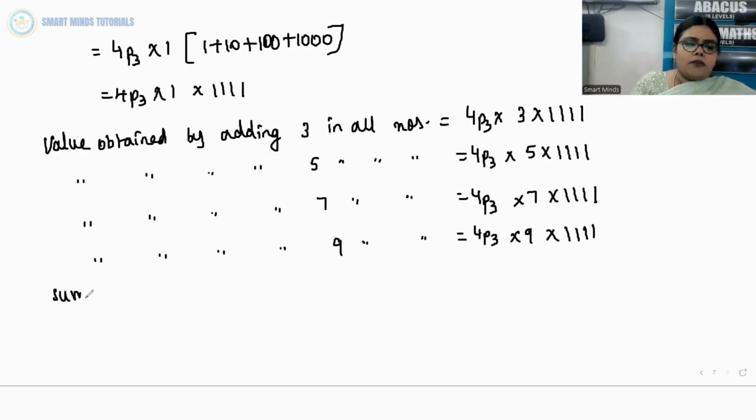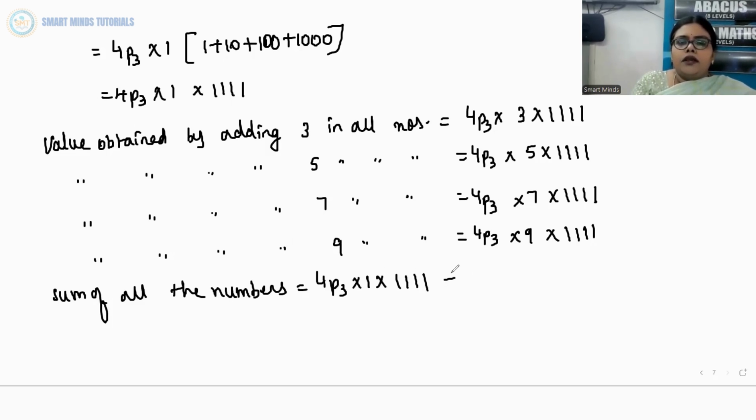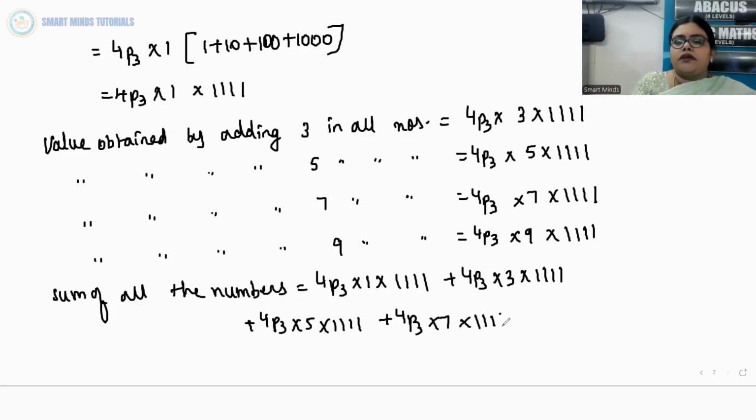Now, what is the sum of all the numbers? We need to add all of them. 4P3 into 1 into 1111 plus 4P3 into 3 into 1111 plus 4P3 into 5 into 1111 plus 4P3 into 7 into 1111 plus 4P3 into 9 into 1111. How can I further simplify?